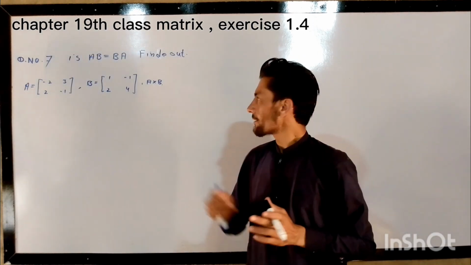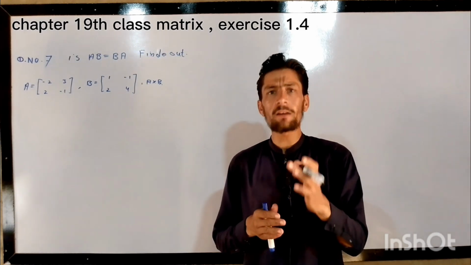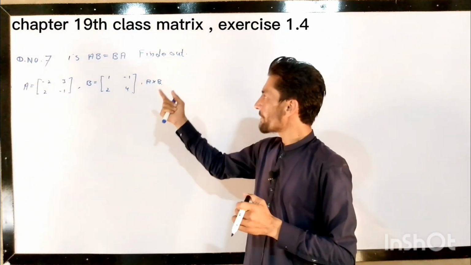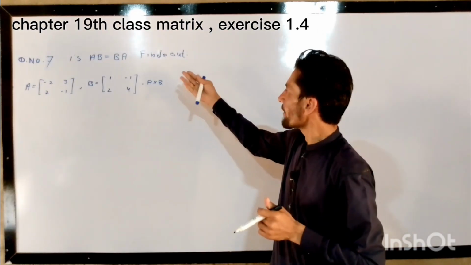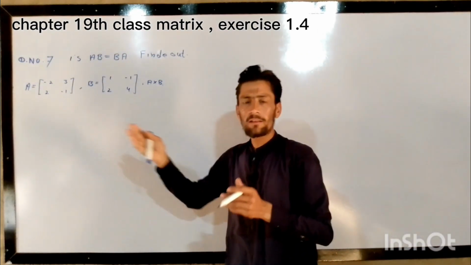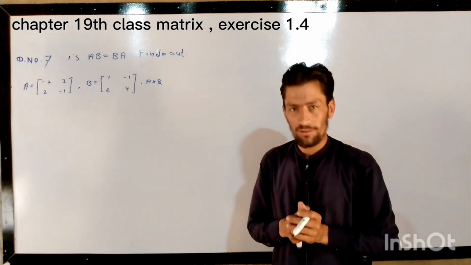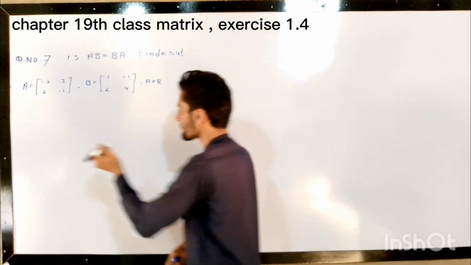Right here, question number 7 is about, I think, the commutative law under multiplication, that AB is equal to BA. Okay, then find out whether A cross B is equal to B cross A or not. We will just find out. Let's move to it.